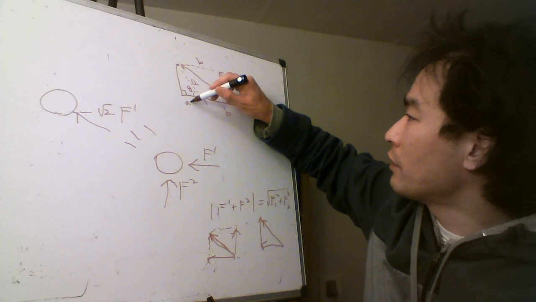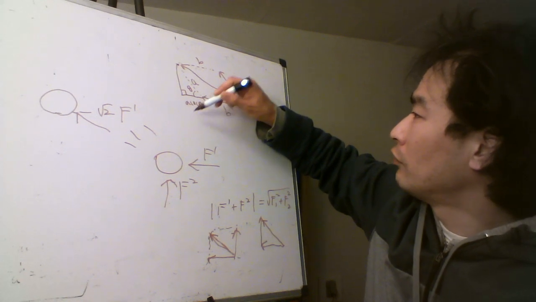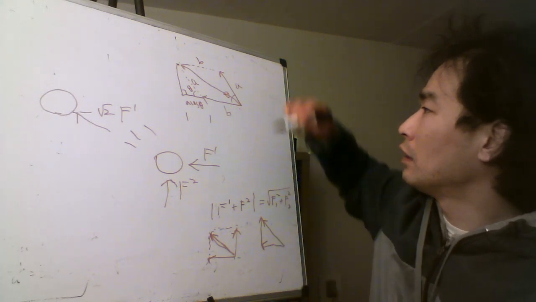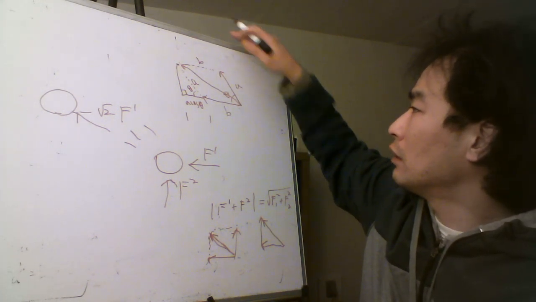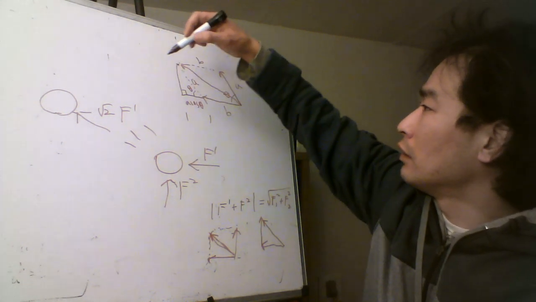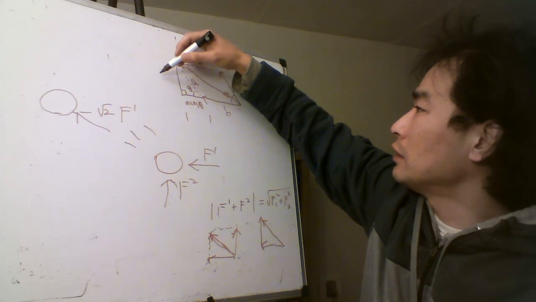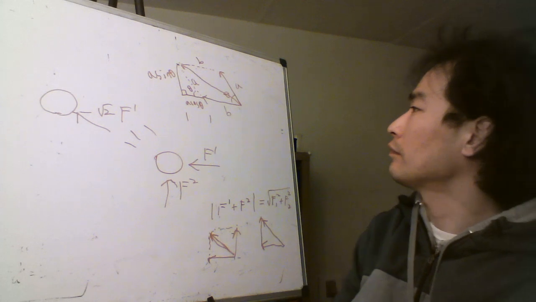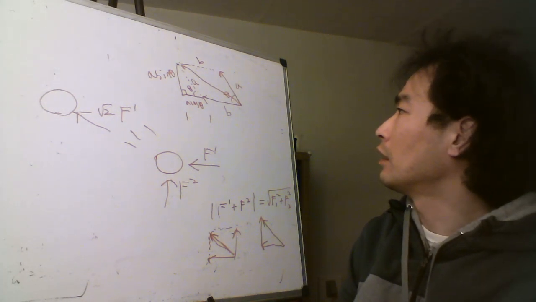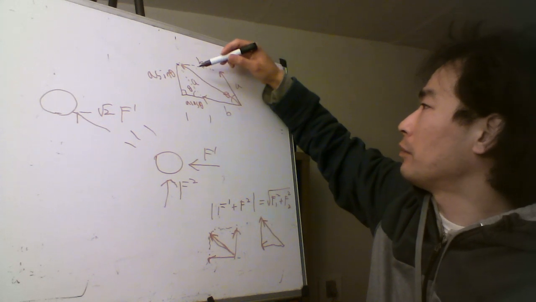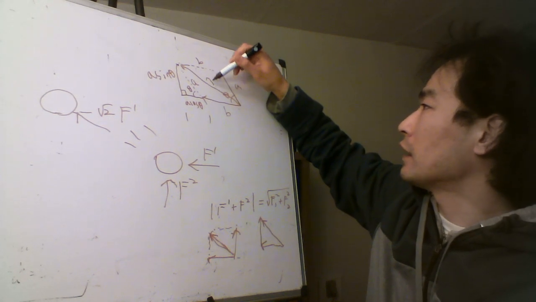This is A cosine theta from here to here, okay? This guy's height is A sine theta, all right? This diagonal of this parallelogram is, let's say, X, okay?